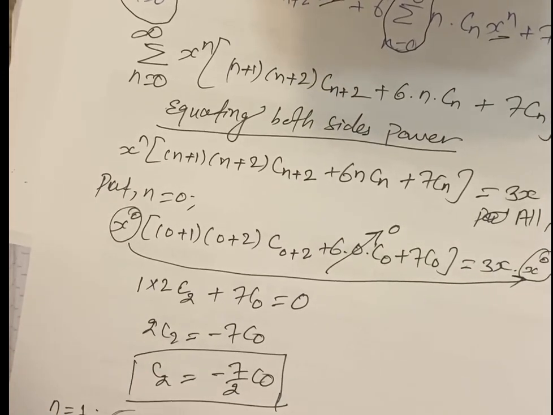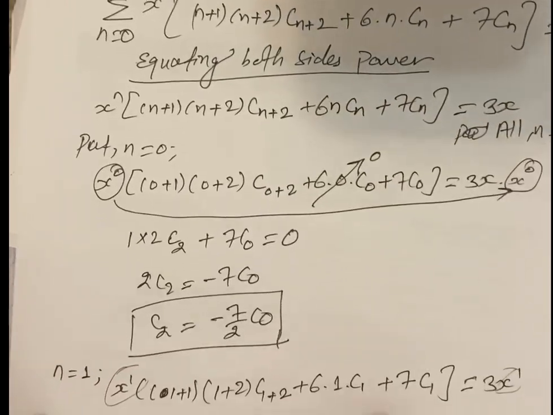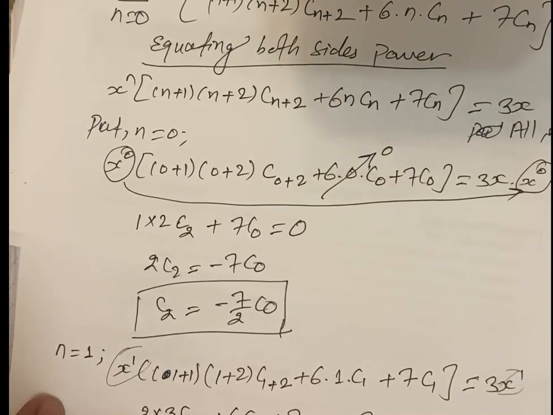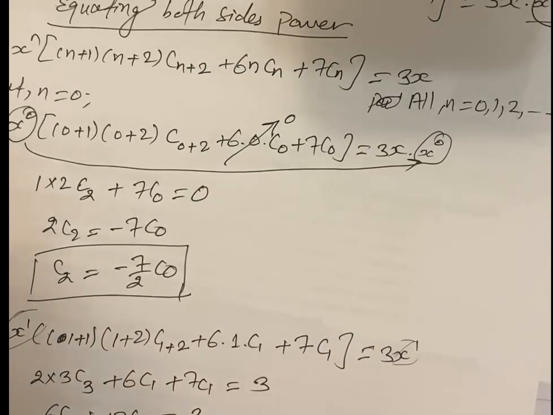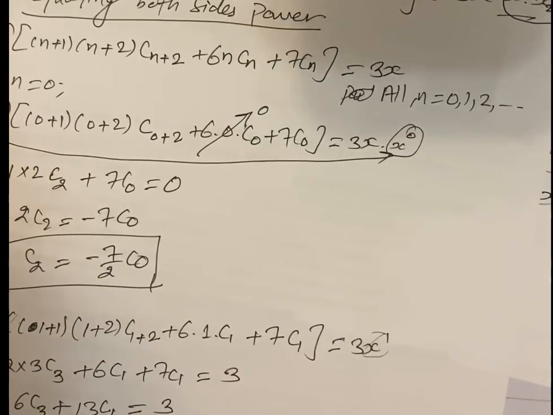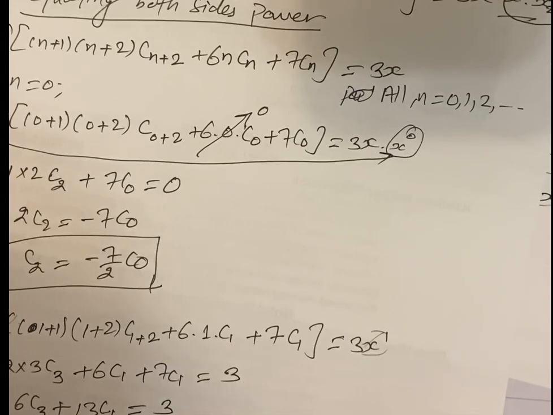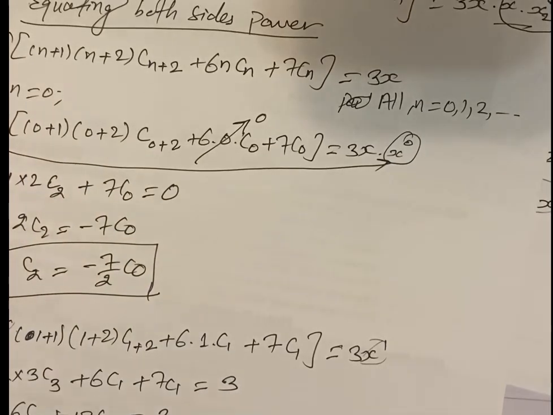Yes, 6c3 plus 13c1 is equal to 3. So c3 is 3 minus 13c1 upon 6, which we got is 3 by 6 minus 13c1 by 6. This one is 1 by 2 minus 13c1 by 6, which is c3.